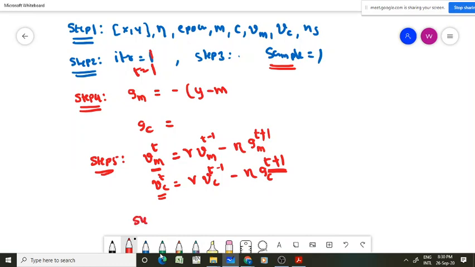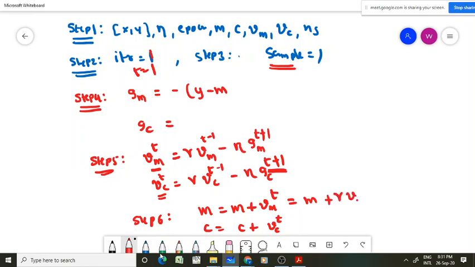Then step 6 is updating your model parameter, right? You are updating the model parameter. That is M equal to M plus Vm in the current iteration, C equal to C plus Vc in the current iteration. That's equal to M plus, what is the VMT?